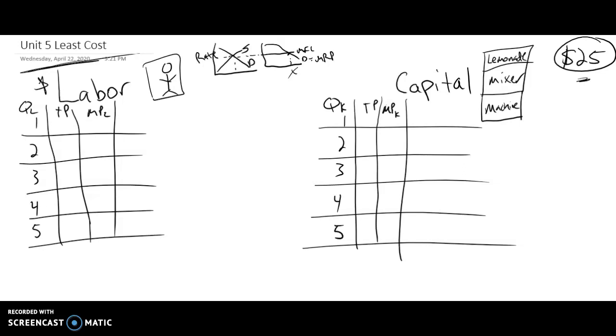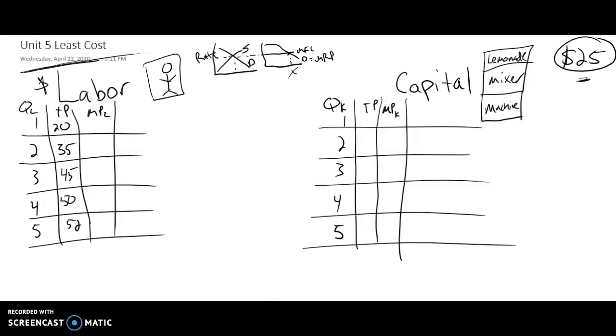For capital, we're going to have diminishing returns as well. We'll start with labor. Our total product for labor is going to look like this: 20, 35, and then 45, 50, and 52.